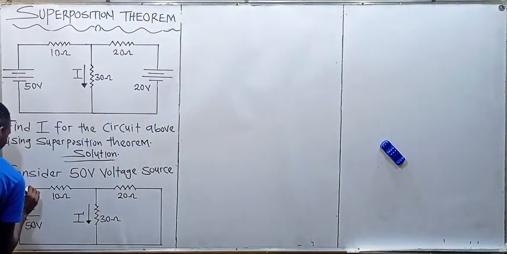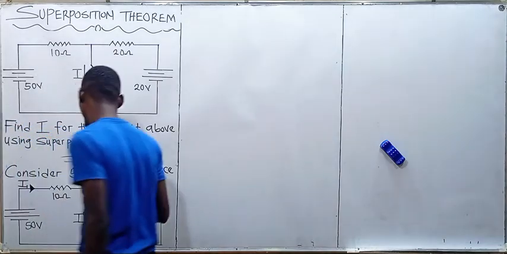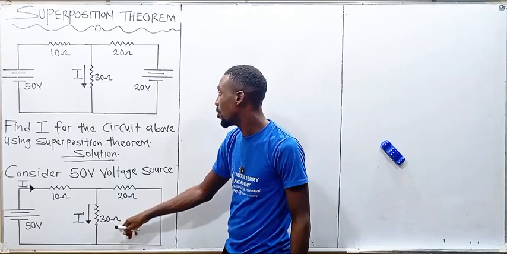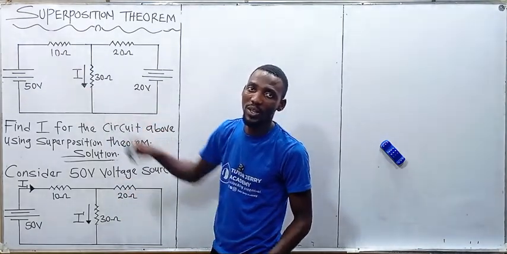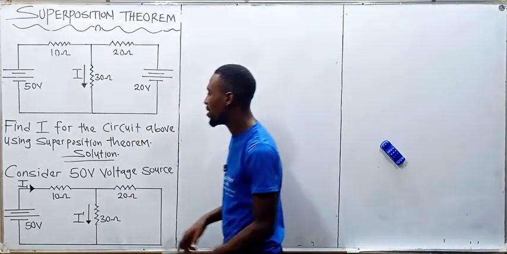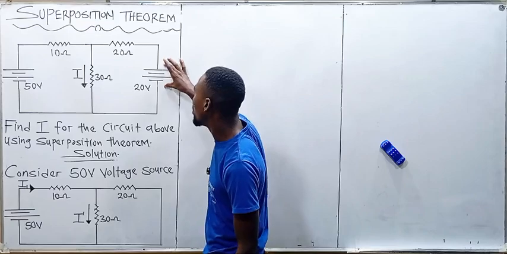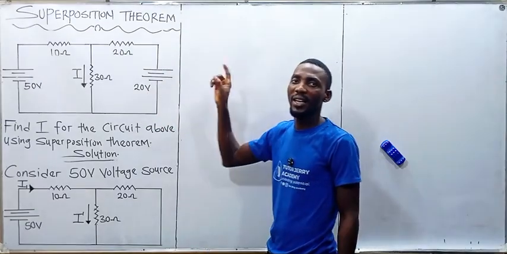So let's just take that current as I1. So let's say this is I1, and we already know that the one flowing here is through 30 ohms, which is the I that we want to analyze. Since we are considering 50 volts first, this will be I prime. When we consider 20 volts, it is going to become I double prime.